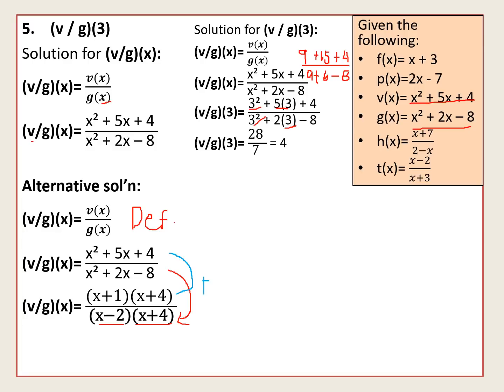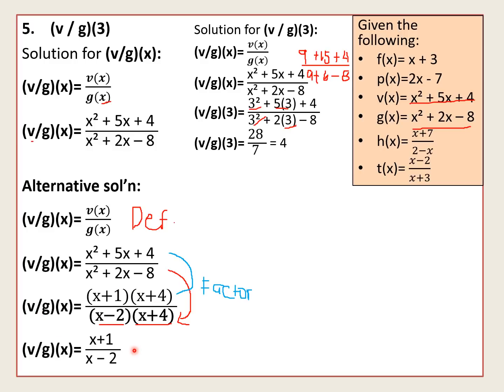So, we factor that. Our goal here is to eliminate common factors on the numerator and denominator. Now, since we have a common factor, which is x plus 4, I can now simplify this ratio. What would be the answer?